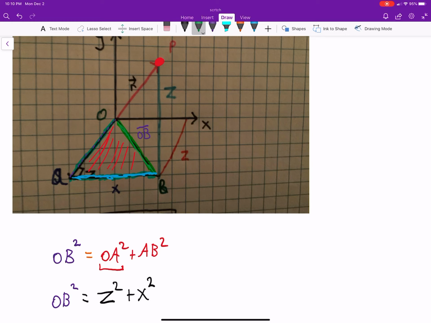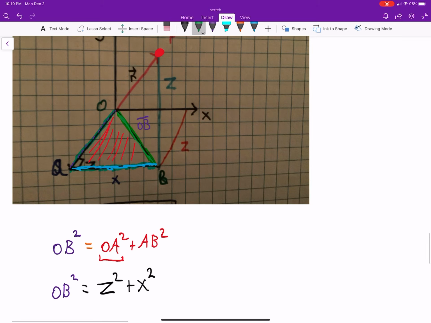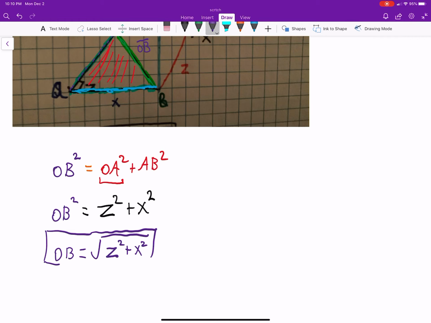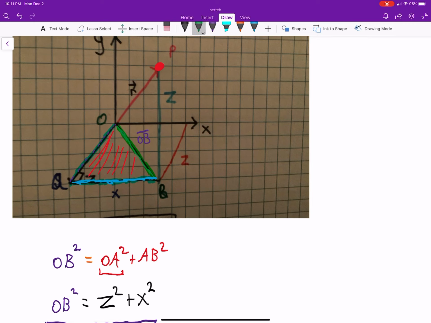OA represents just the z component of our point, and AB is just the x component. So OB is just the square root of z squared plus x squared. So this expression describes this length.